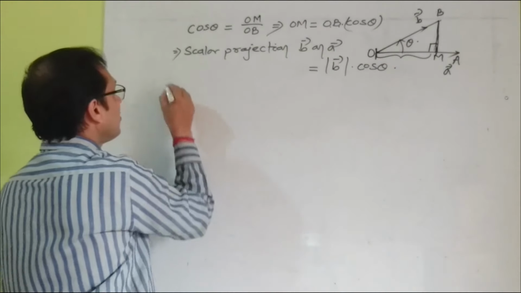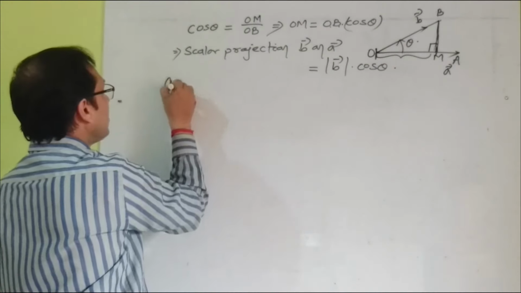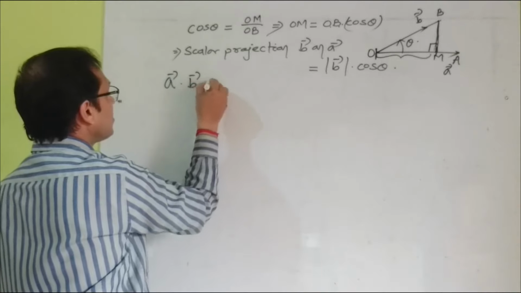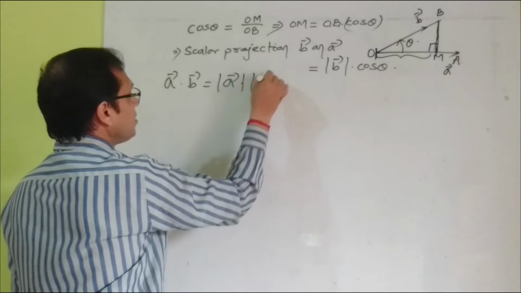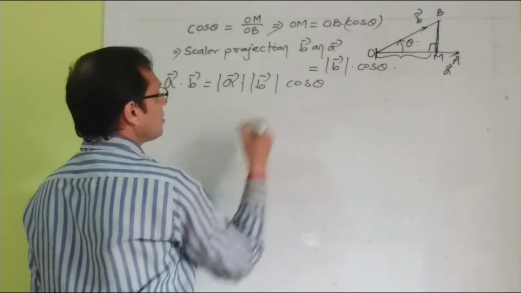Again, all of you know that A vector dot B vector is equal to A magnitude times B magnitude times cos theta.